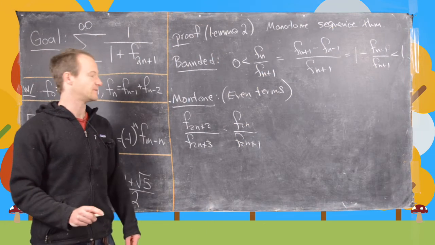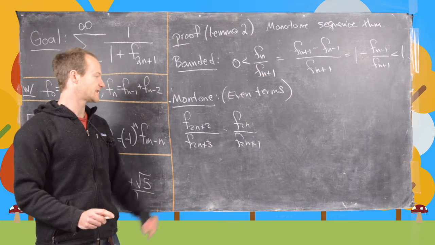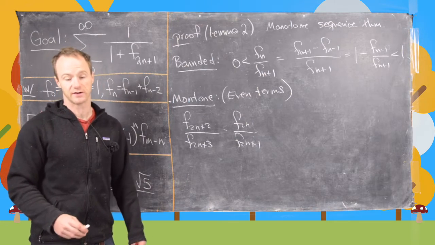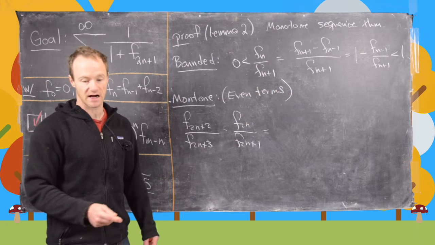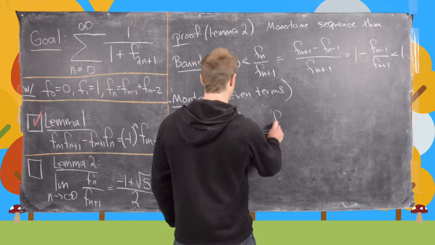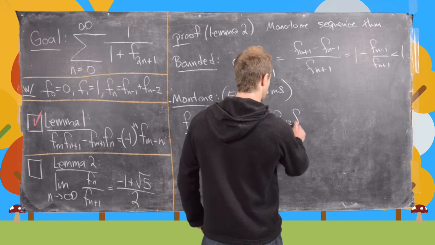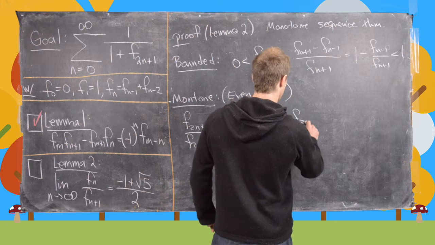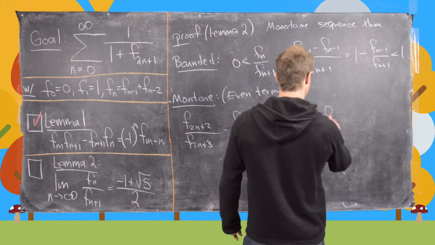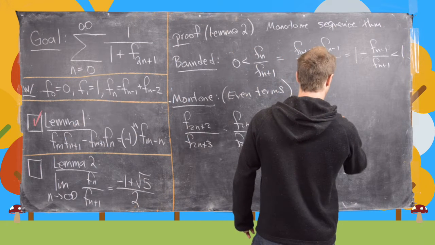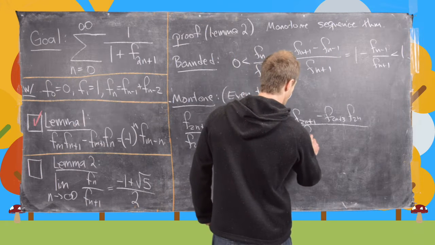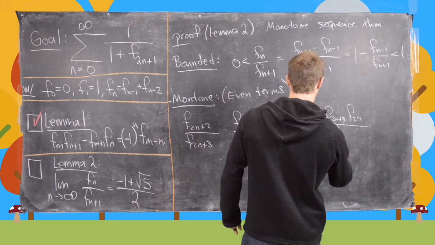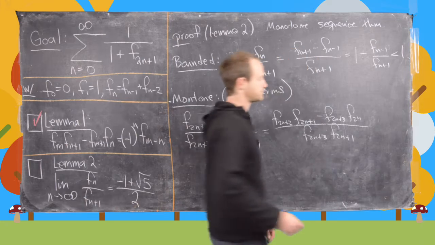We want that to be positive, which would tell us that our sequence is increasing. So now let's find a common denominator and combine these. Notice we'll get F_{2n+2} F_{2n+1} minus F_{2n+3} F_{2n}, all over F_{2n+3} F_{2n+1}.